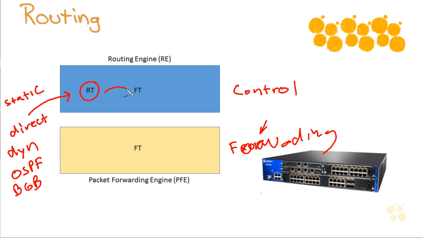And this routing table is going to place active routes into a forwarding table in the control plane. And you remember that forwarding table is copied down into the packet forwarding engine so that transit traffic can be moved very efficiently through your Juniper device.